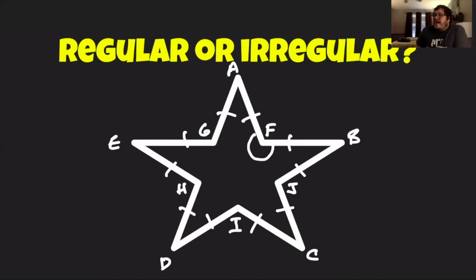So while all sides are equal in this particular shape, all angles are not equal. Therefore, this is an irregular polygon. So sometimes the sides might all be equal, but unfortunately, the angles are not all equal.